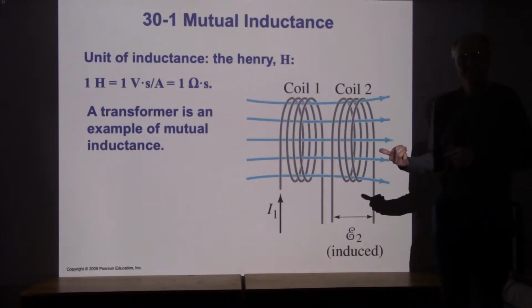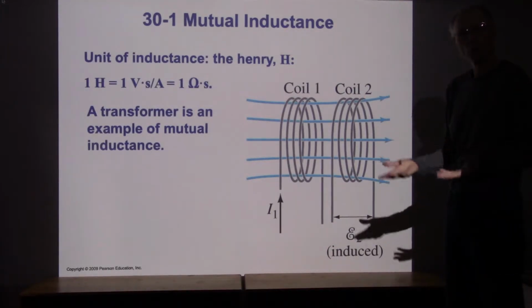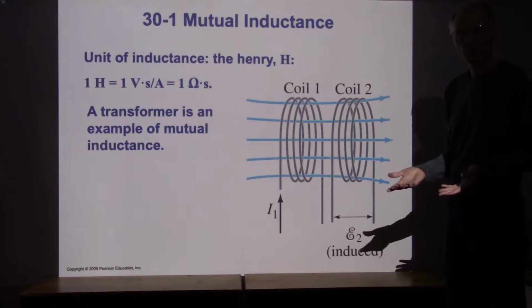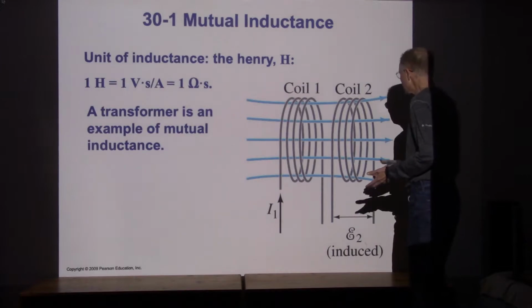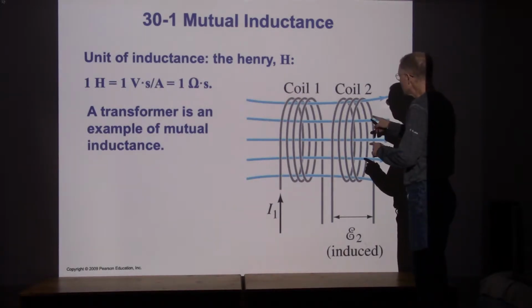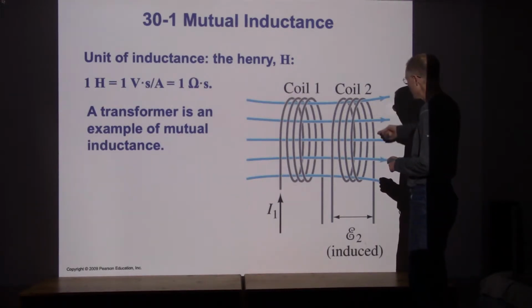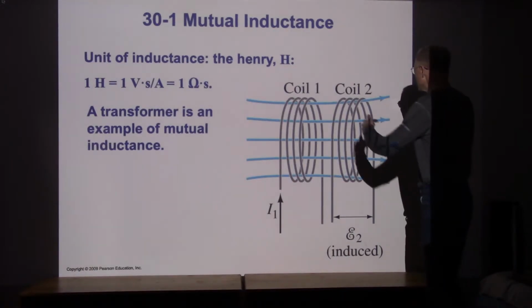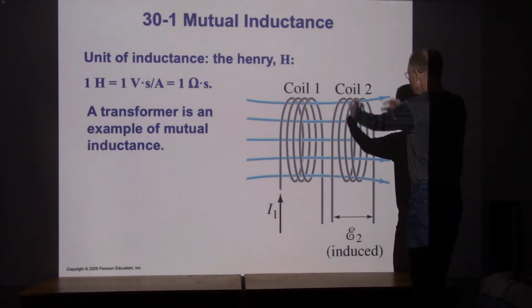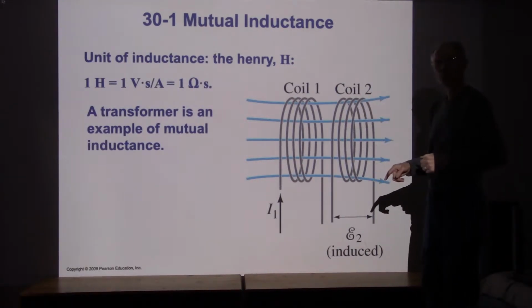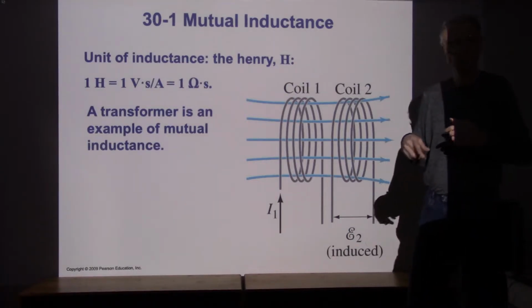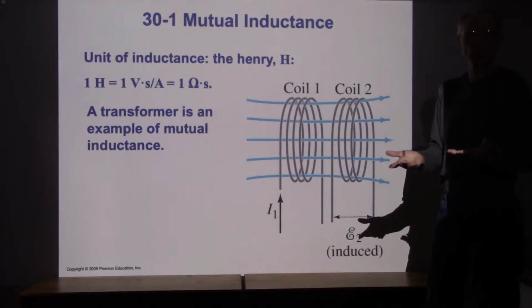The EMF that gets induced is actually due to electric fields, not the magnetic fields, but Faraday's law says anything we do to vary the strength of that magnetic field will produce looping electric fields, and it's those looping electric fields that will set the current in coil 2 into motion.